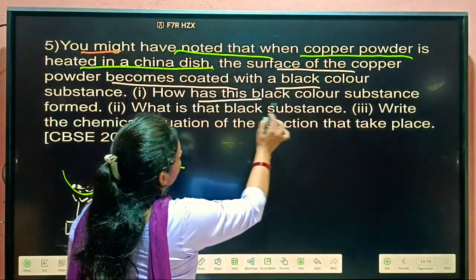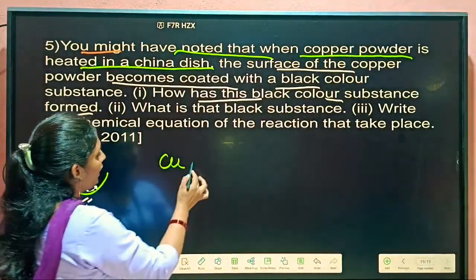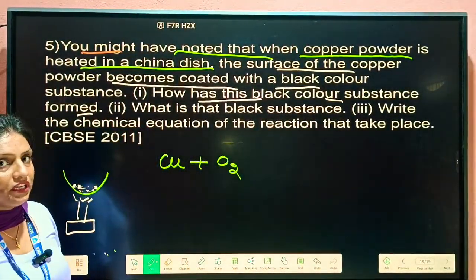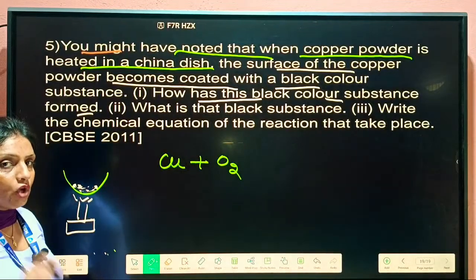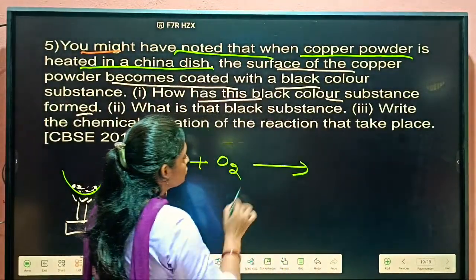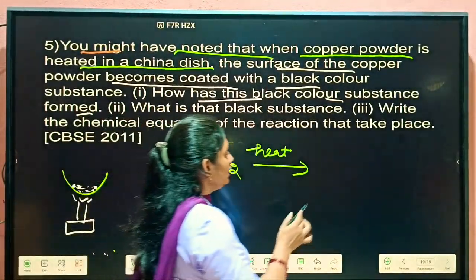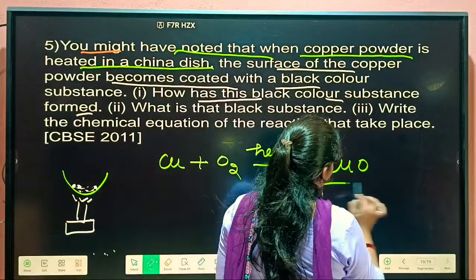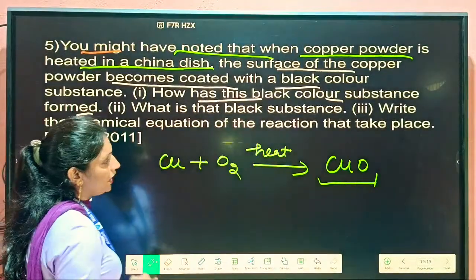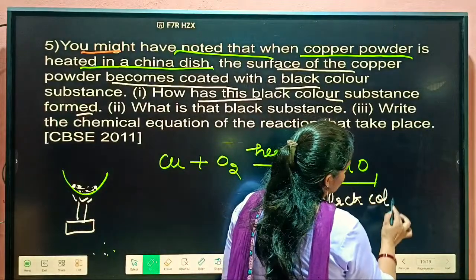How has this black color substance formed? Actually, students, what will happen is oxidation of copper takes place, meaning copper reacts with oxygen. When it is burnt in presence of oxygen, then it converts into copper oxide, and due to the formation of this copper oxide, it shows the black color, because copper oxide is black in color.